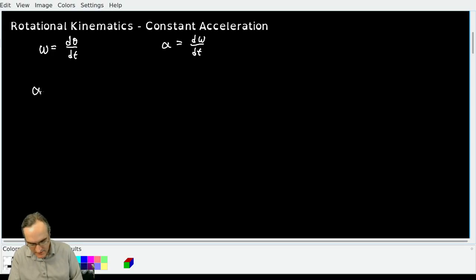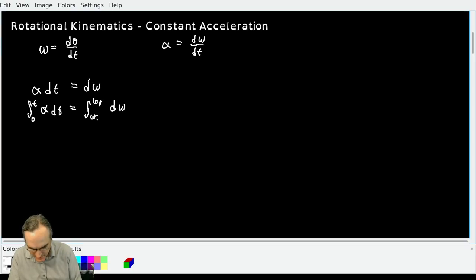If we rearrange it and alpha is constant, then we have alpha dt is d omega. If we integrate both sides from some initial to a final point, then we're going to have from omega initial to omega final and d omega. I'm actually just going to call that omega for the final point.